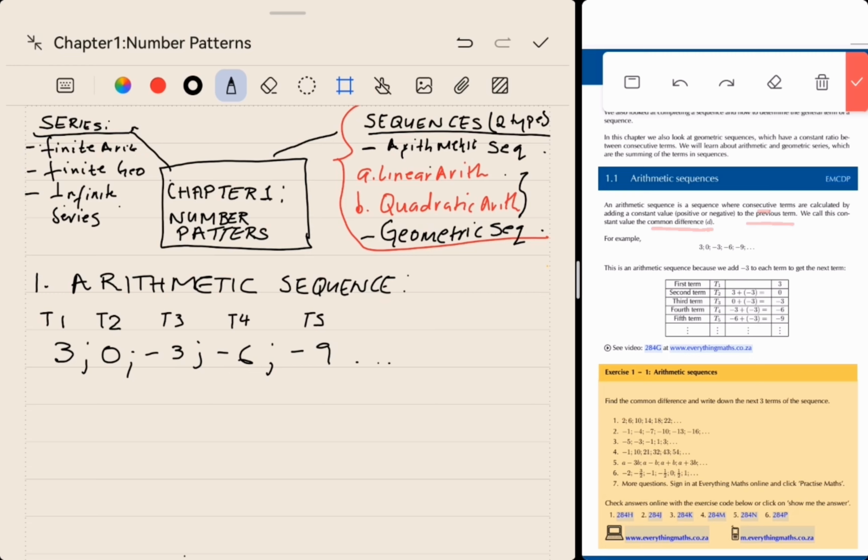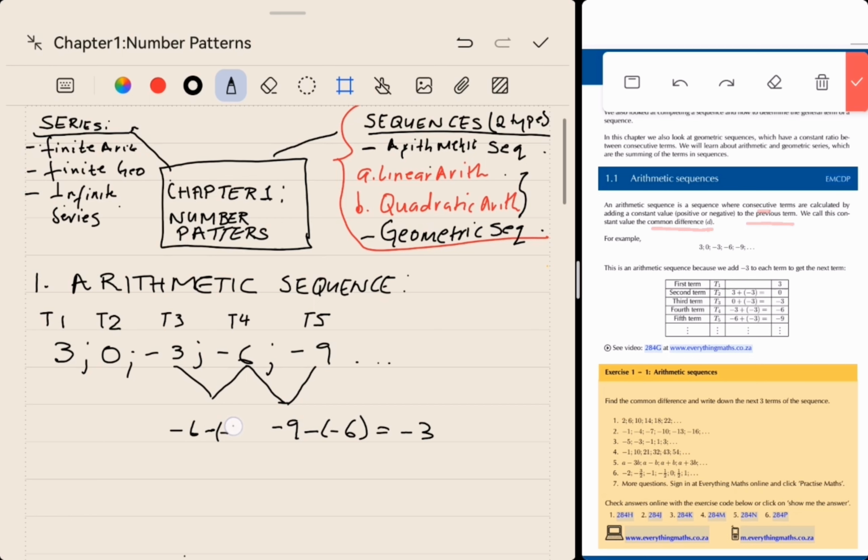Okay, so how do we find the common difference? We take the current term minus the previous term: minus 9 minus minus 6 is equal to minus 3. Minus 6 minus minus 3 gives us minus 3. So you don't have to show this, you can do it in your head and just write the common difference. That's what we are interested in.